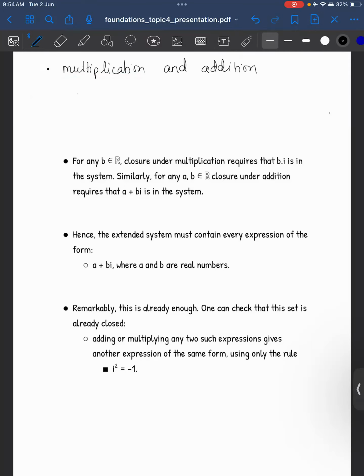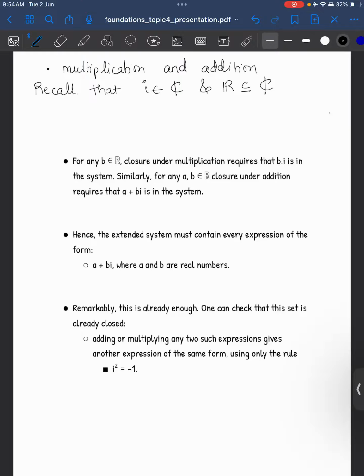So recall from our previous discussion that i is in C and the set of real numbers is a subset of this extended number system.